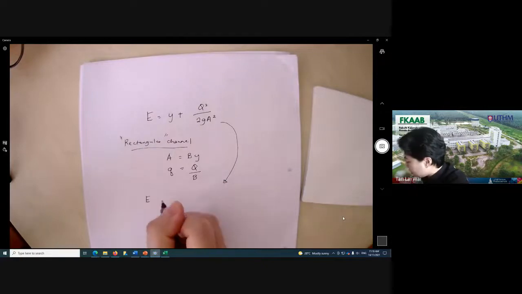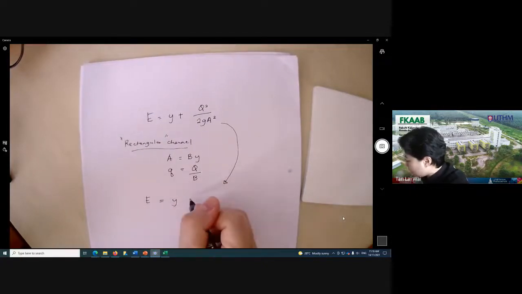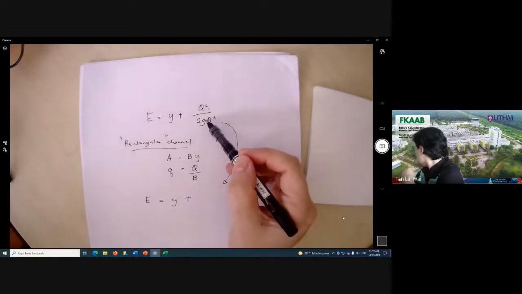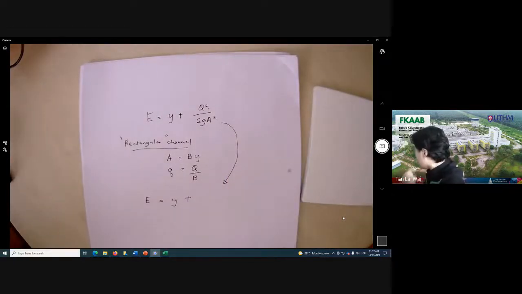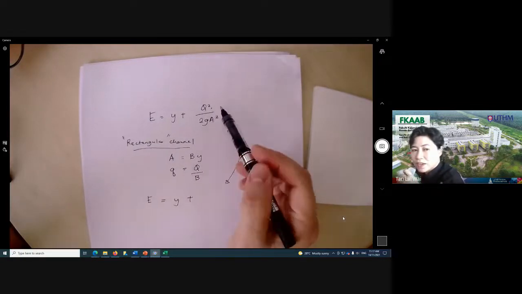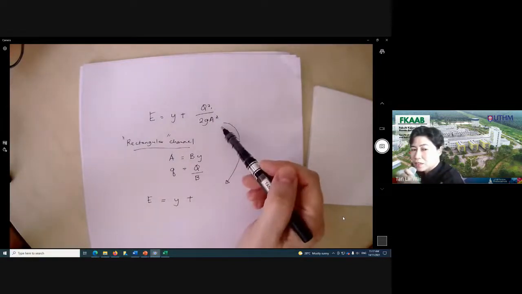I have E equals y plus, and for the numerator and denominator, I divide both by b squared.